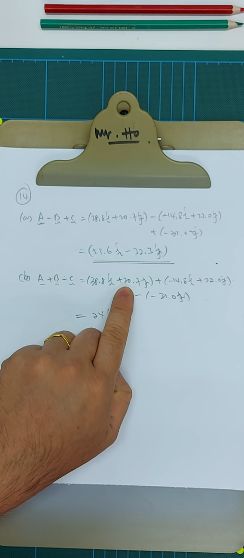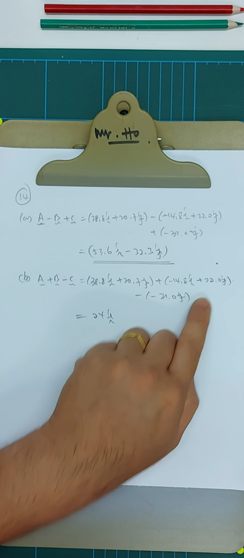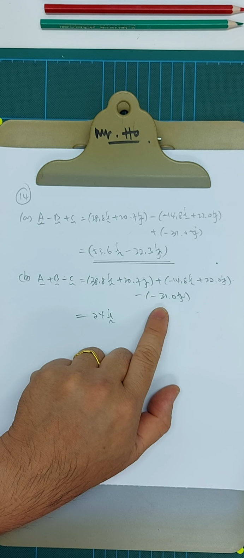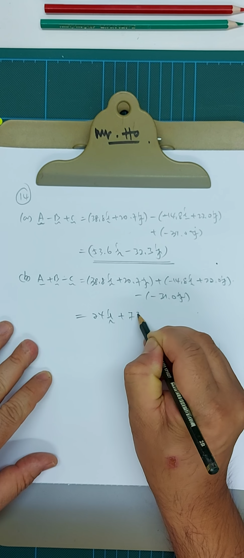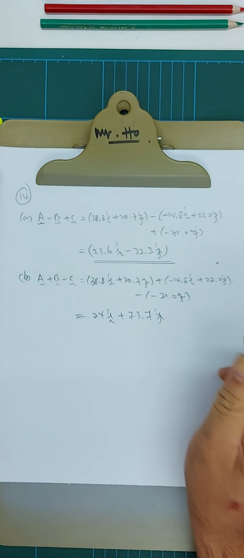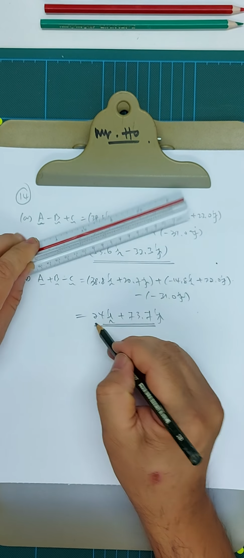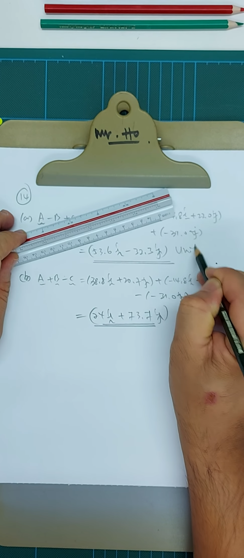And then next one is 20.7 plus 22 and then plus 31. Well, there's a big vector here. Plus 73.7j units.